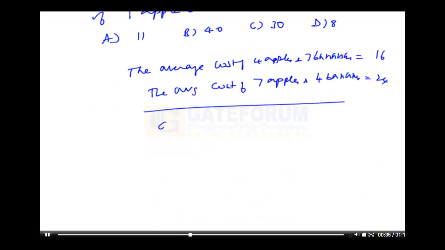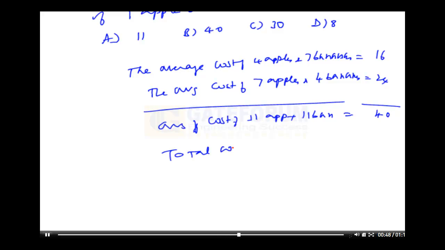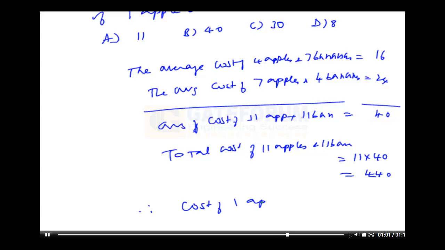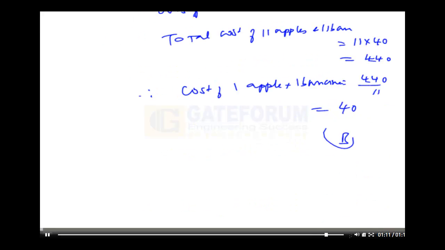That gives us the average cost of 11 apples and 11 bananas will be 40. So total cost of 11 apples, 11 bananas, 440. Therefore, the cost of 1 apple and 1 banana will be 440 by 11, 40 rupees. B is option.